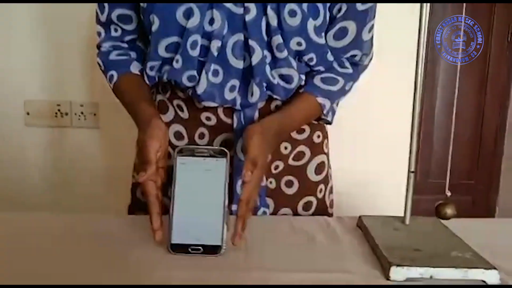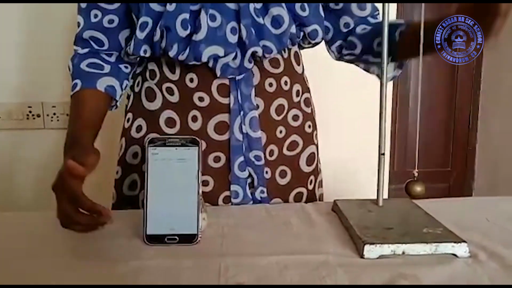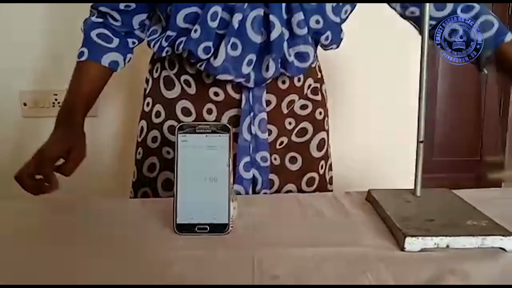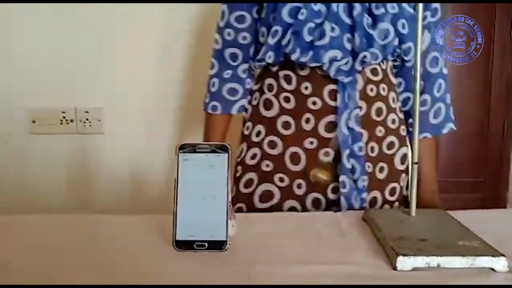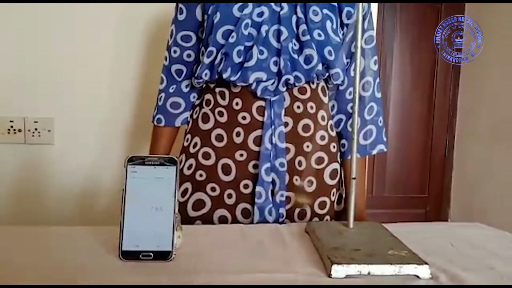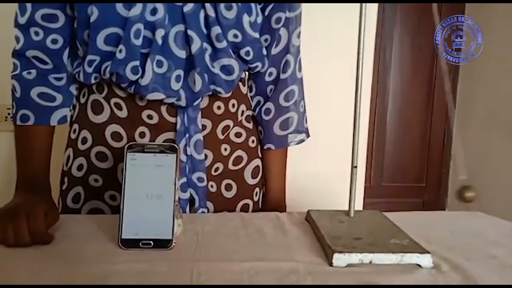So I have taken a phone to be used as a stopwatch, and now let's look. 1, 2, 3, 4, 5, 6, 7, 8, 9 and 10. So the time taken to complete 10 oscillations is 14 seconds.